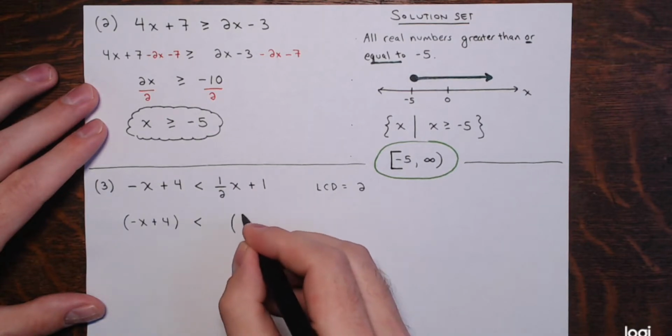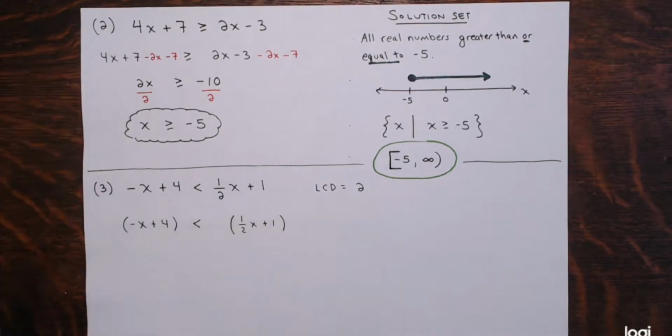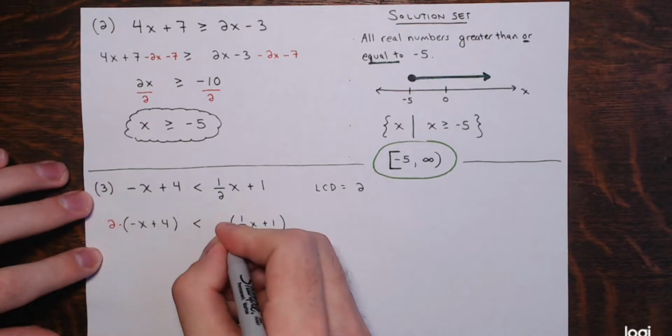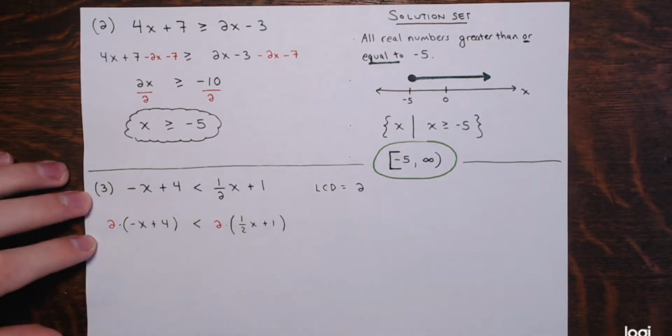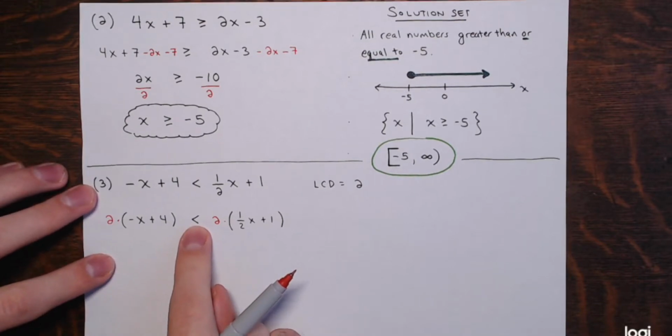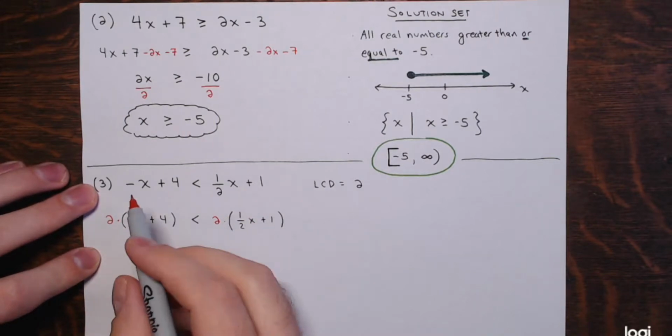And then doing the same thing to the right side, this half x plus 1, we're going to multiply, again, by positive 2. And that's why the symbol did not change. If it were -2 for some reason, then I would change the symbol. I would flip it around. We'll eventually get to a case where we have to flip the symbol, I promise.